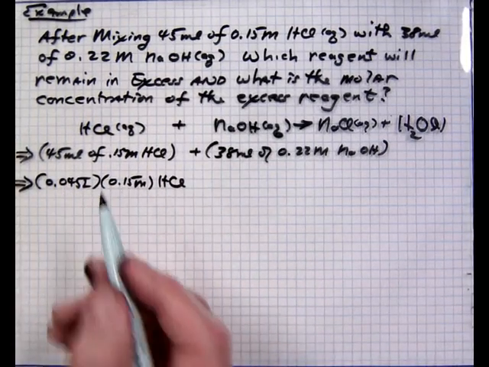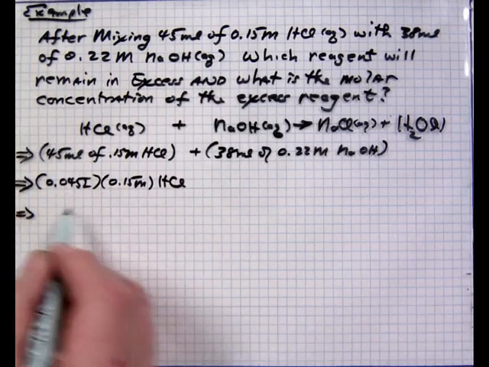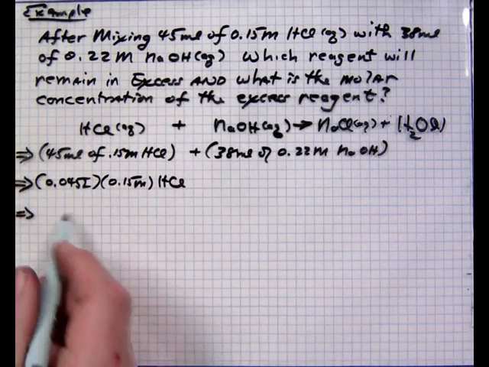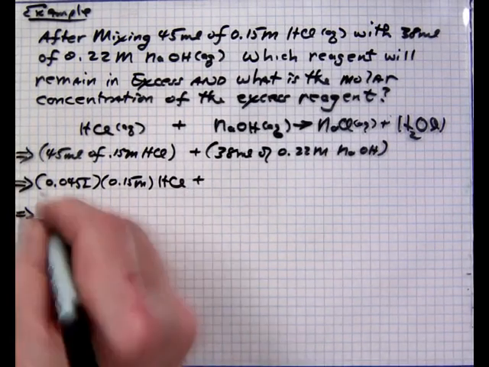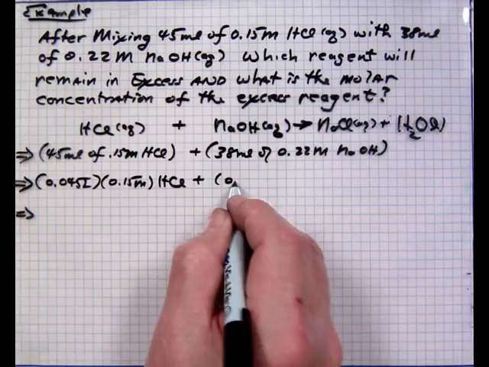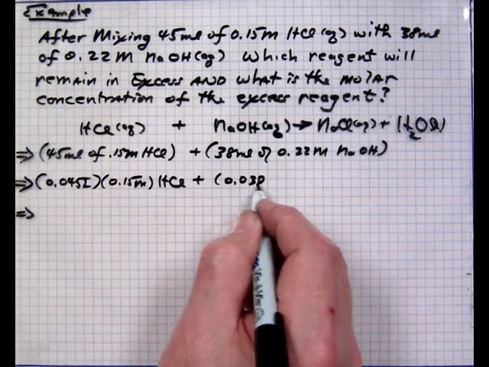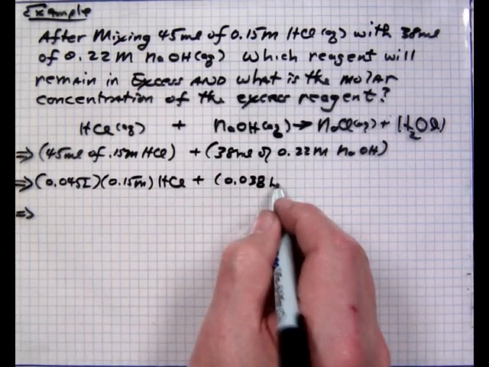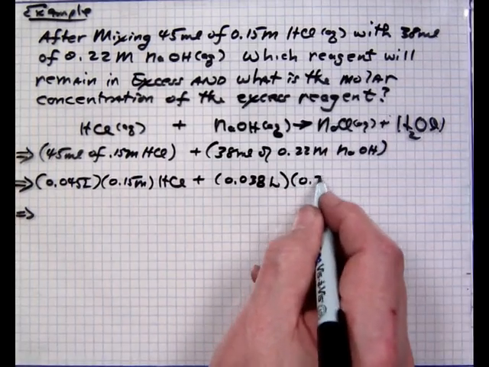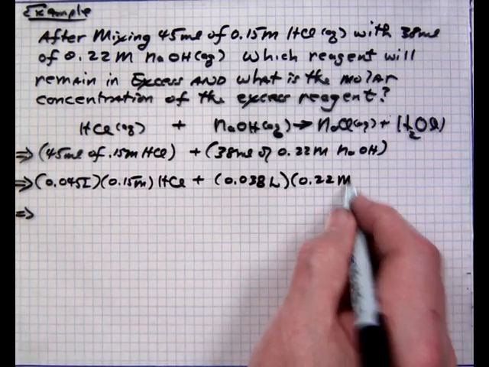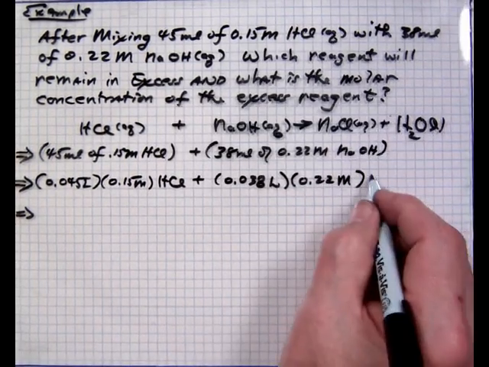That times that will give you moles of HCl, which we'll write down here. And you're reacting that with 0.038 liters of 0.22 molar sodium hydroxide.